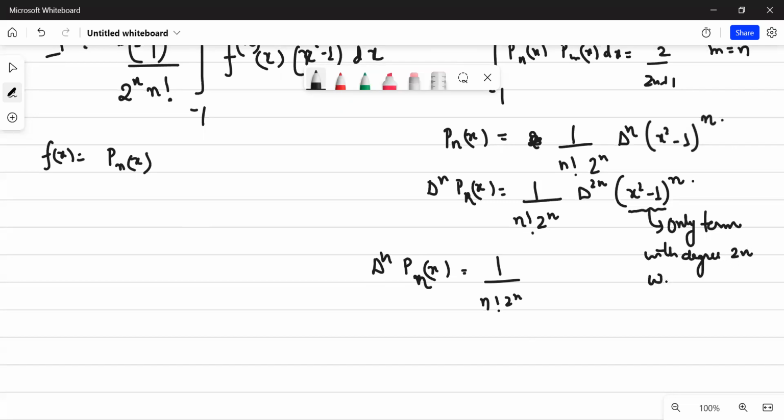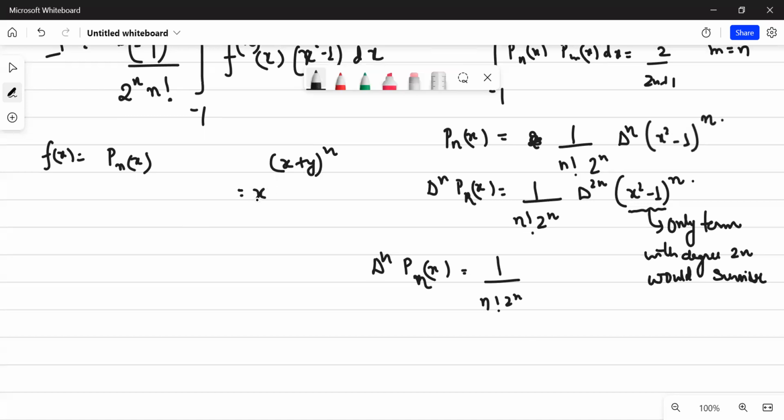Is that clear? See, what will happen here: (x square minus 1) has power n. So if you expand this, and if you remember the formula for (x plus y) raised to power n, what we used to do in childhood, what did we do?